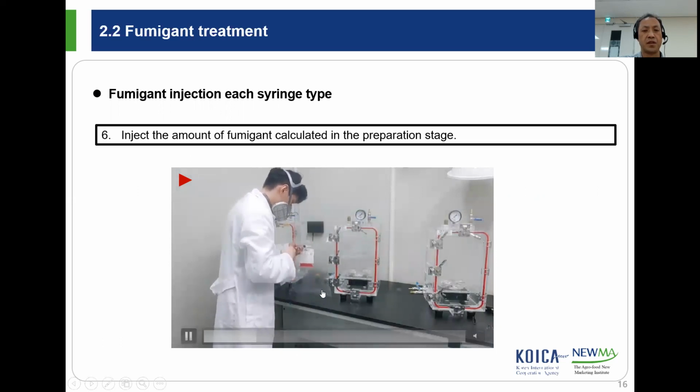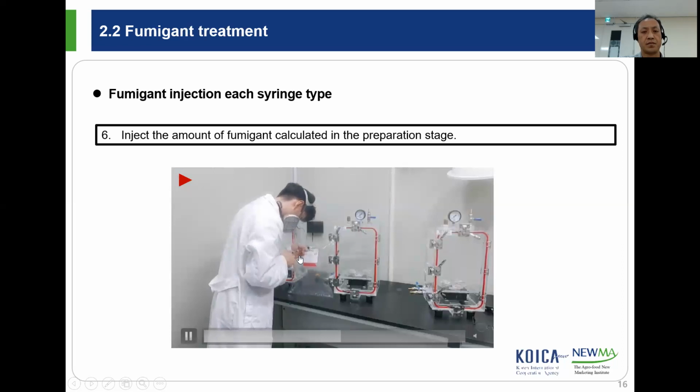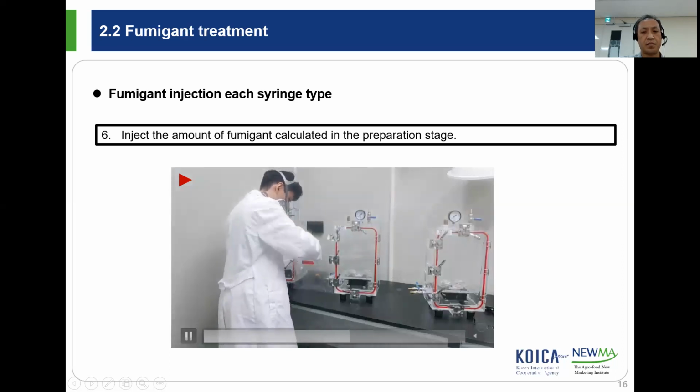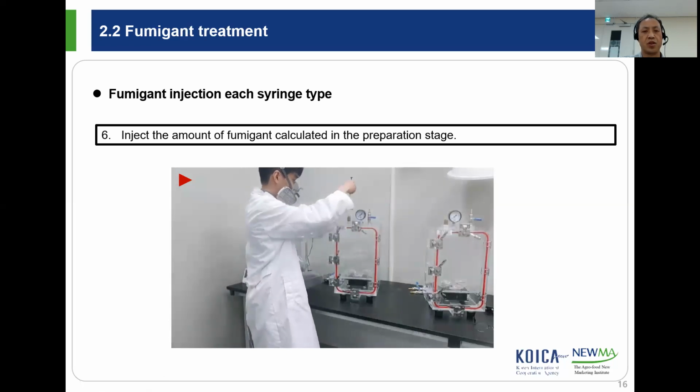Maybe this is methyl bromide. This is a gas-tight syringe. You can inject the amount calculated exactly into that fumigation chamber, as I said.